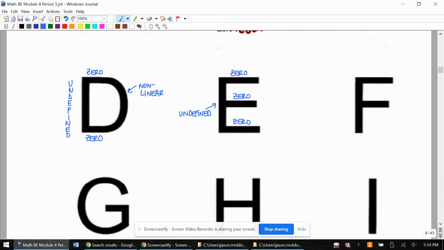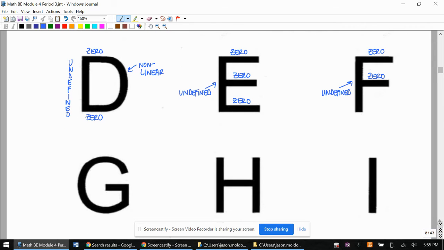We're just looking at the parts that we would write if we were writing this with a pencil, pen, or marker. F is almost the same as E. Undefined for the vertical, and 2 horizontal or 0.